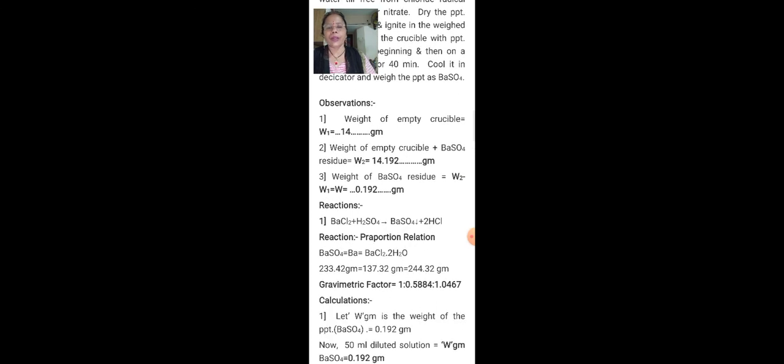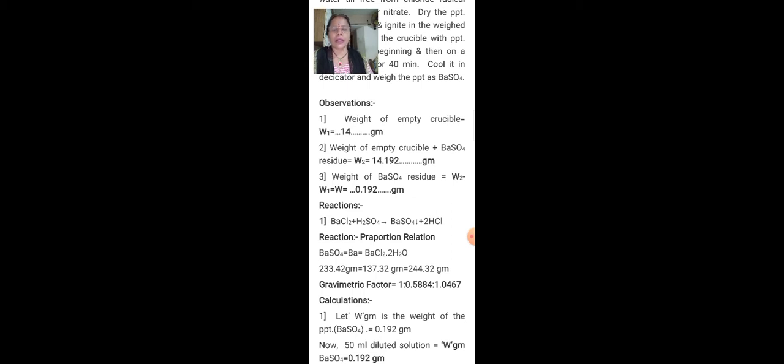These are the molecular weights of the compounds. Now the factor comes: 1 of barium sulfate corresponds to 0.584 of barium, and to 1.0467 of barium chloride.